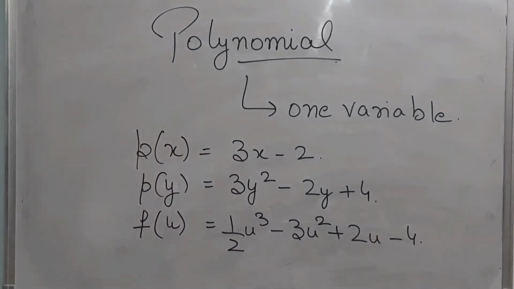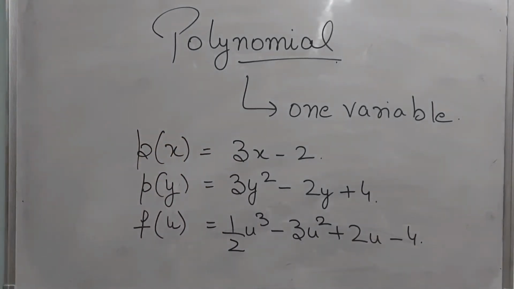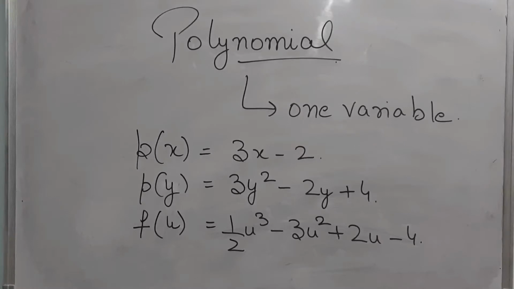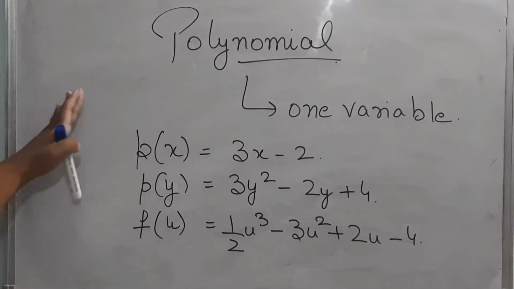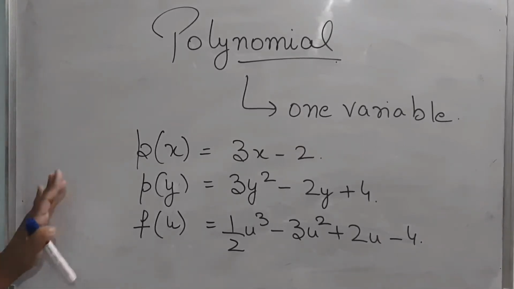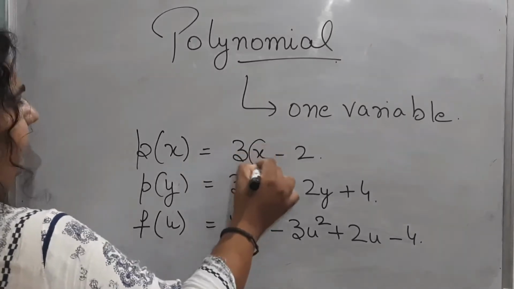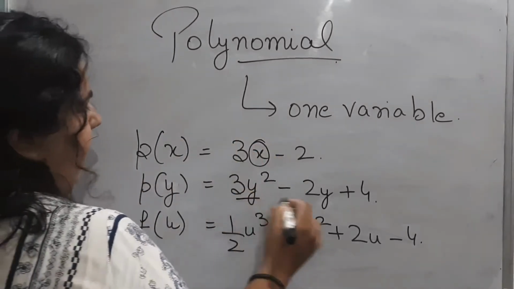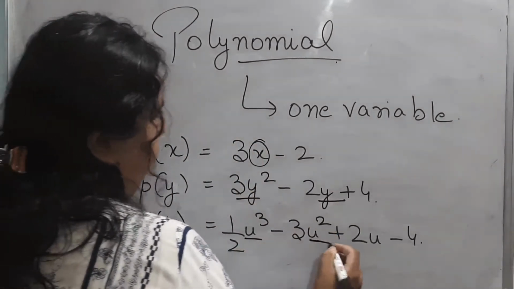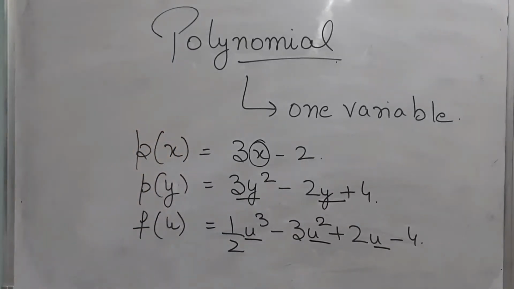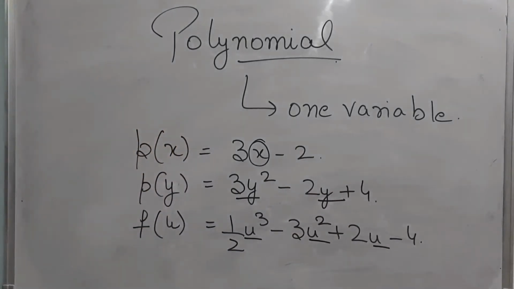So these are polynomials. Let's see the concept of polynomial. Here we have only one variable, here only one variable, and here only one variable. So one variable expressions or equations are known as polynomials.